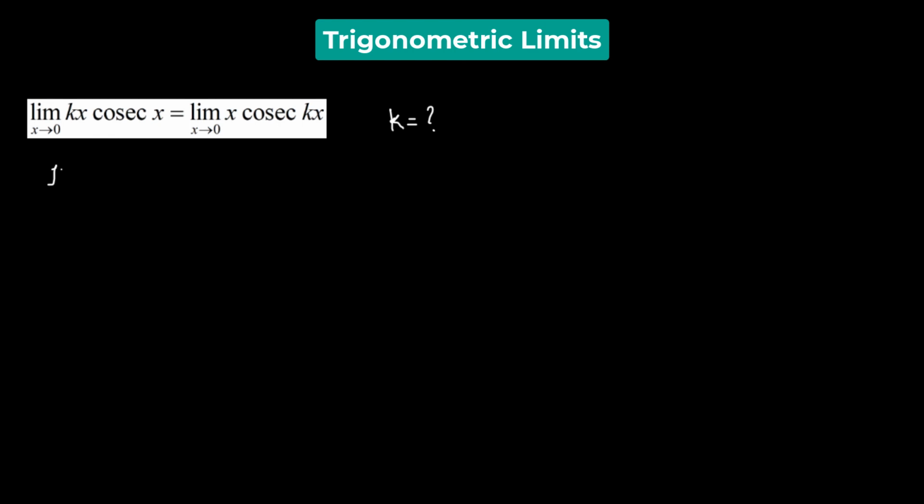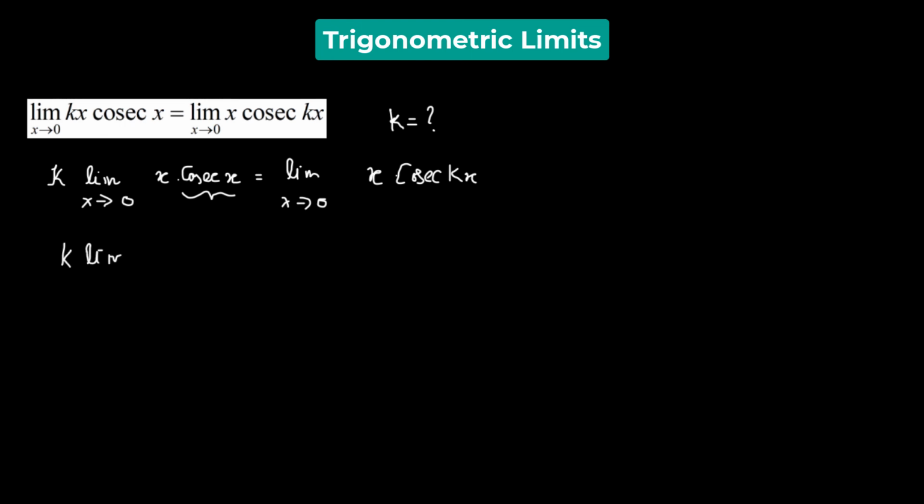So we have k times the limit x approaching 0 of x cosec x equals the limit x approaching 0 of x times cosec kx.